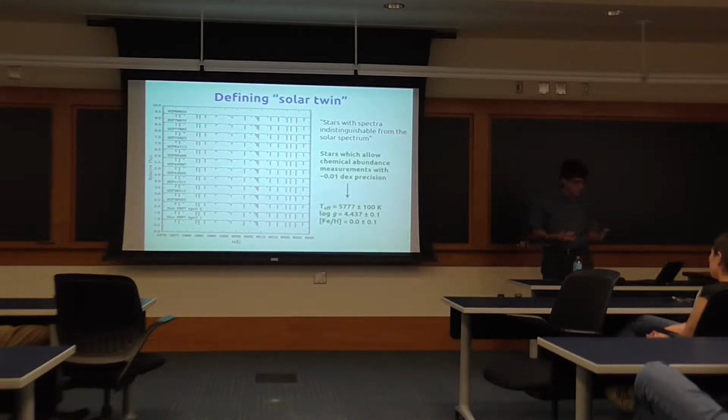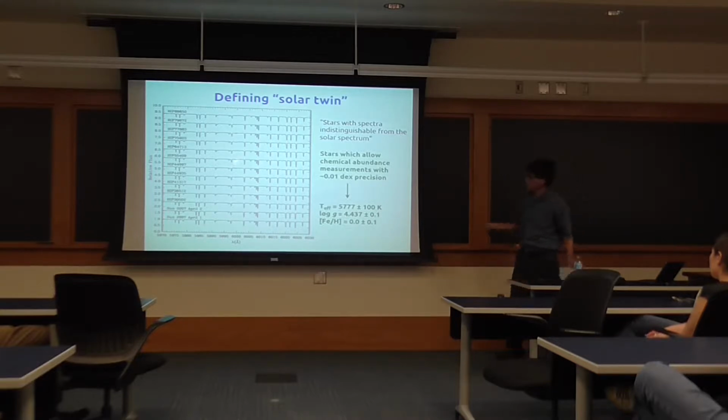So we need to get extremely high signal-to-noise for objects which are very similar to the sun, which might seem kind of an overkill, but as you'll see in a moment, what we find from that is very interesting.